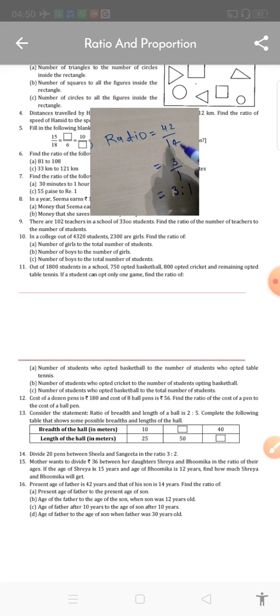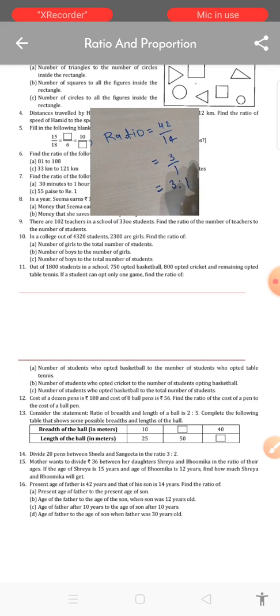We simplify it and we obtain 3 by 1. So the ratio of the present age of father to the present age of son is 3:1.